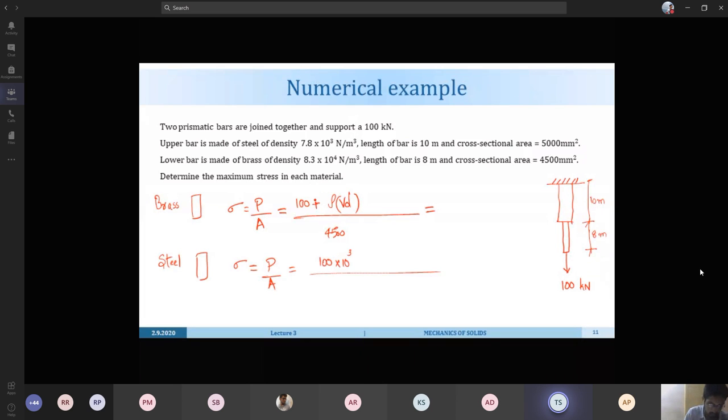And what will be the weight? Which weight you have to add here? The density of that steel into that volume, sir. And anything else?